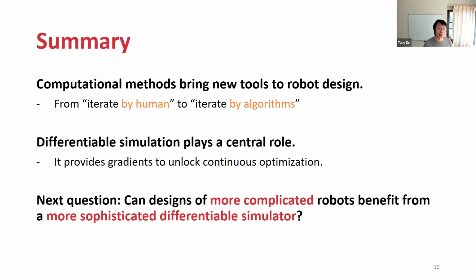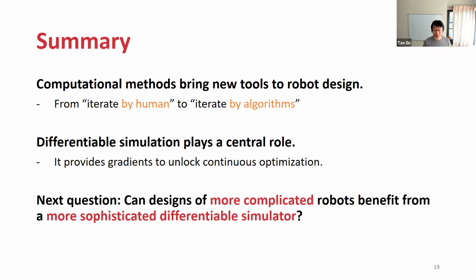We are shifting from iteration by humans to iteration by algorithms. The second lesson we learned from this project is that differentiable simulation tools can play a very central role in this process. Specifically, they provide gradient information with respect to the shape parameters and the control parameters to unlock continuous optimization algorithms for exploring new bodies and new brains of a robot.